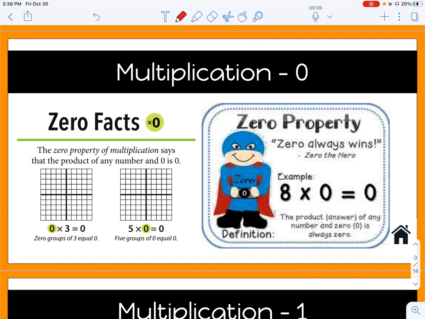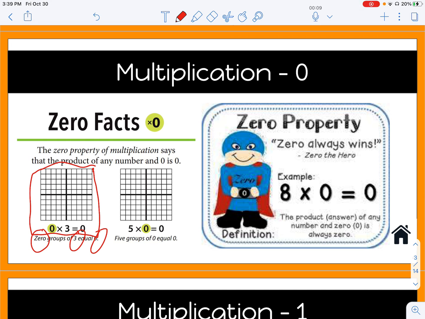On the left side of the screen, it says the zero property of multiplication says that the product of any number and 0 is 0, because if there are 0 groups of 3, for example, then there's nothing there. Notice there's nothing that they're putting on our hundreds chart. If I have 5 groups of nothing, it's going to equal nothing.